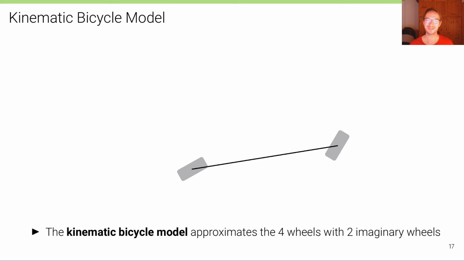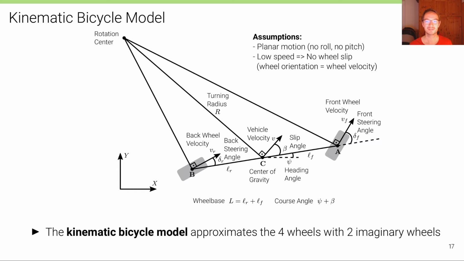So this is the kinematic bicycle model in its most simple form. But of course, we describe some of the quantities more precisely. The first thing to note here is that we make some very strong assumptions. The first assumption is that we only consider planar motion in the XY plane. So there's no roll or pitch of the vehicle modeled.